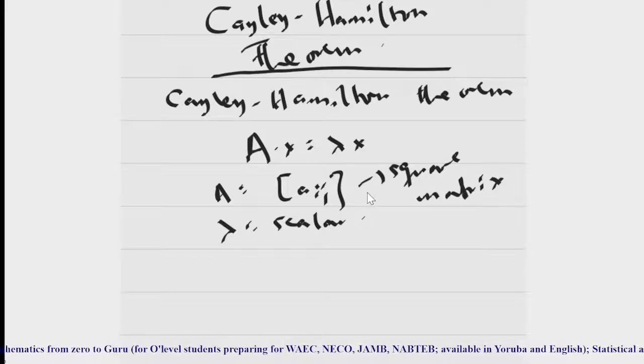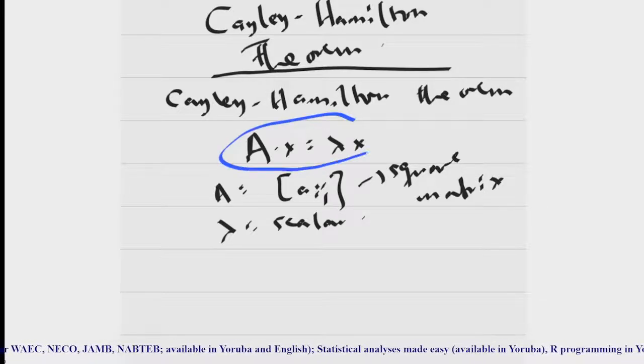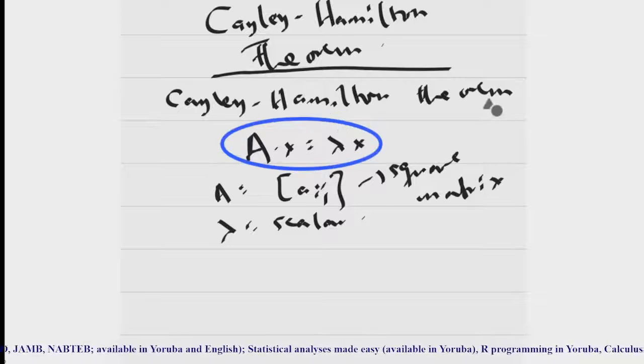So this type of equation, the one you are seeing on the screen right now, A dot x is equal to lambda x, is a type of equation that occurs in many applications of matrices to technological problems, involving coupled oscillation and vibration. I hope you understand now.